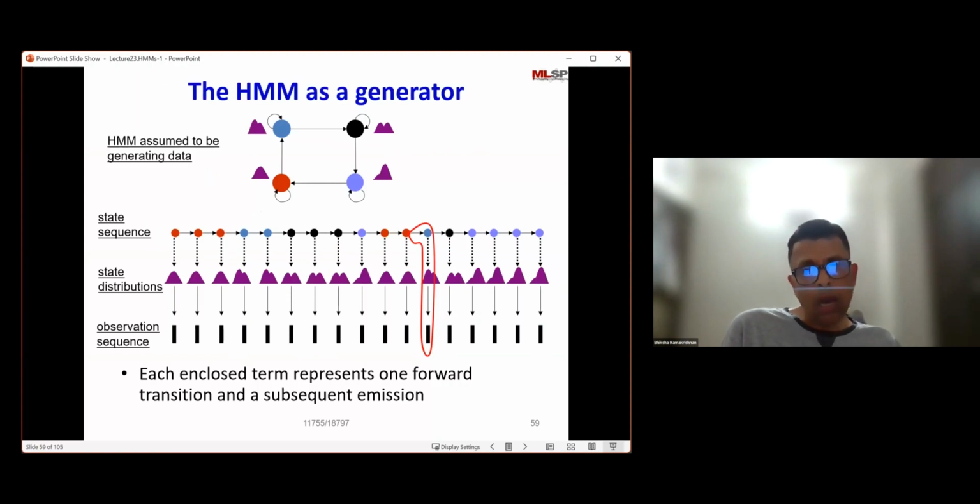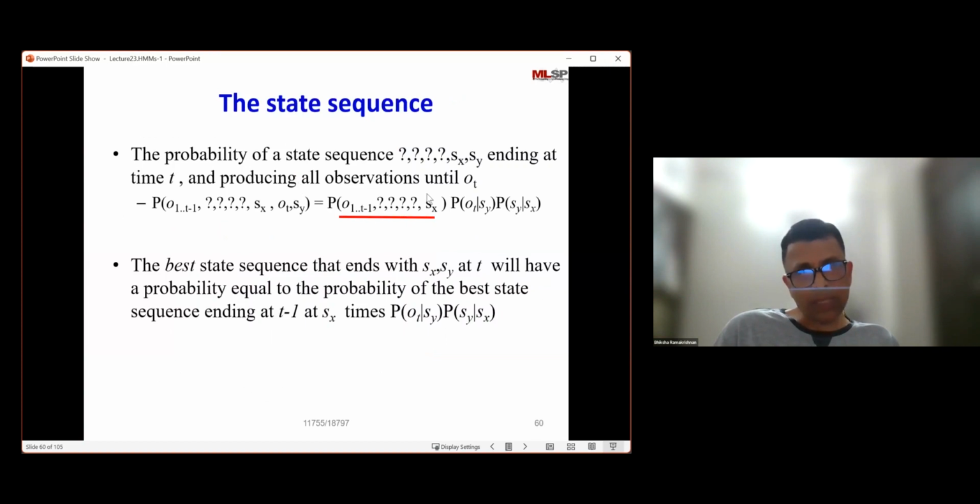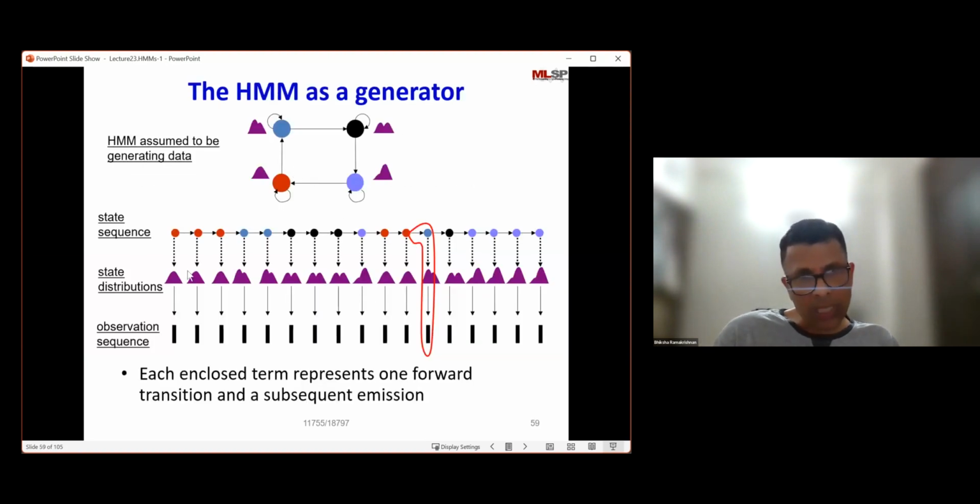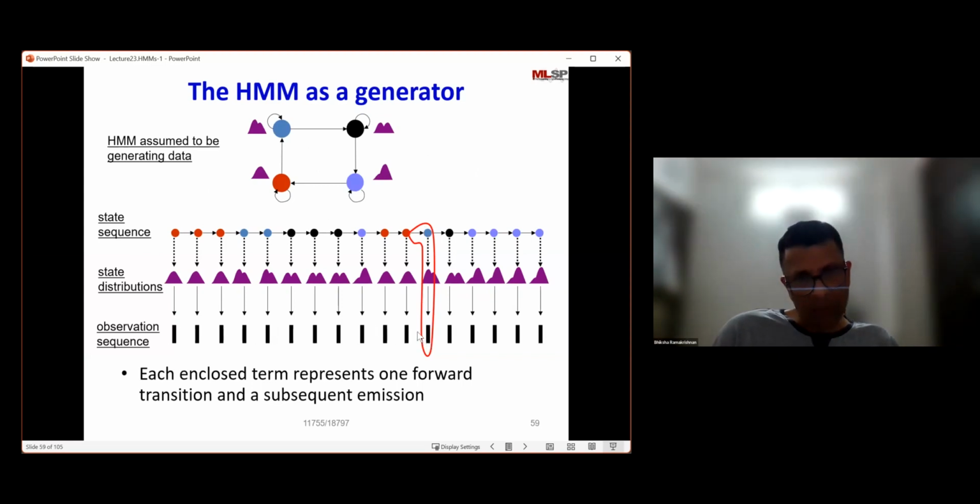And so we can use this simple observation to come up with our dynamic programming algorithm, right? The probability of a state sequence that ends with Sx and Sy at time t and produces all observations until time t can be written as follows. The question I'm asking is, what is the probability of a state sequence that ends at Sx and then Sy while generating all of these observations?